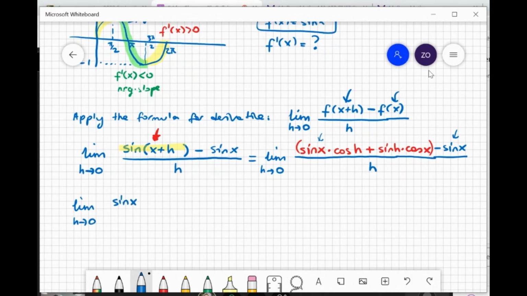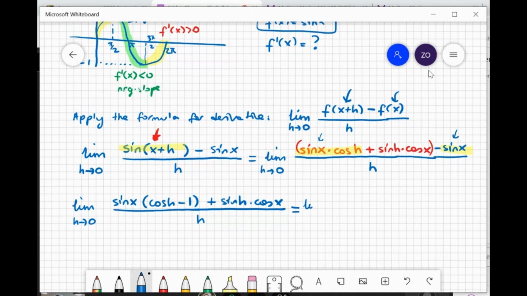If we group these terms and factor out sine of x, we will have cosine of h minus 1, plus sine h times cosine x, over h. So in the numerator, we grouped the highlighted terms and factored out sine x.